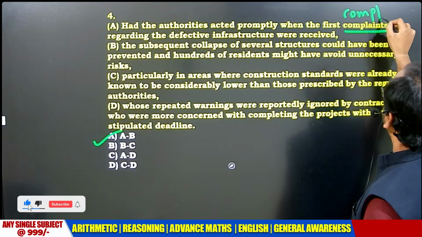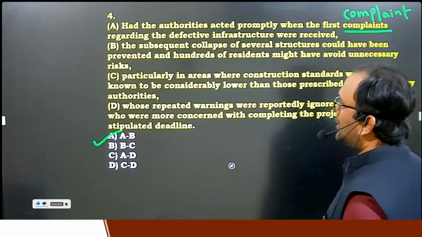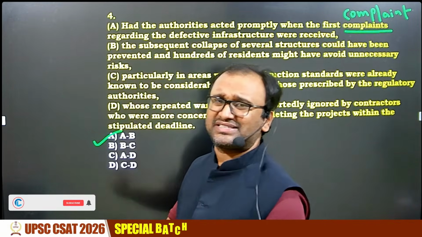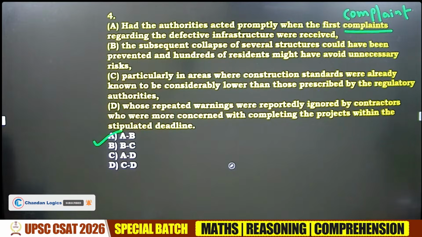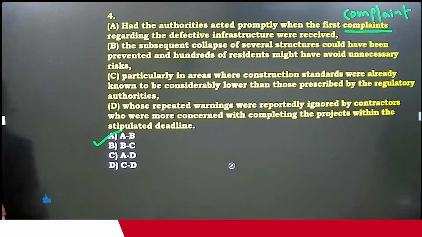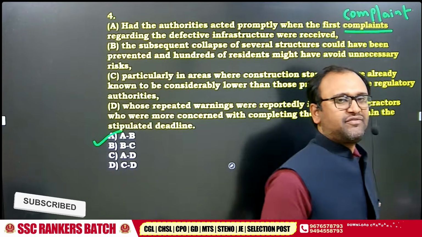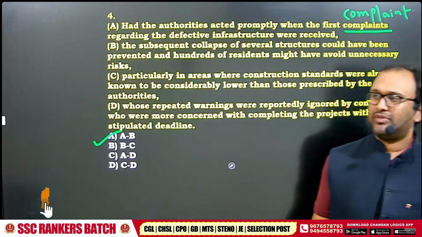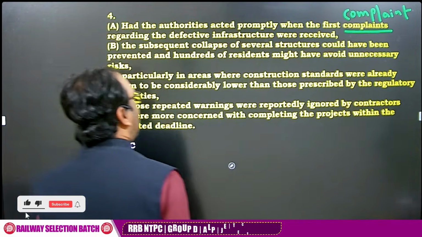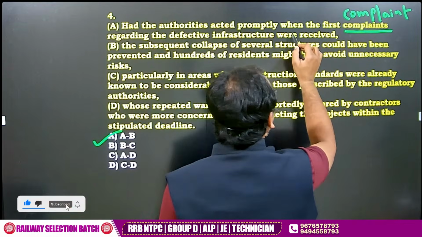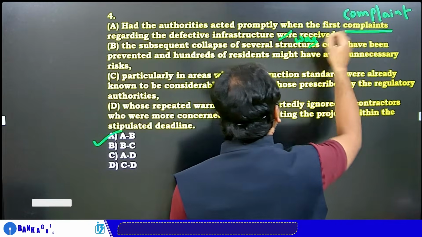First complaint. We don't say first complaints, first movies, first songs. When we say first, usually we use singular. We don't say first boys, first boy. We don't say first movies, first movie. So naturally, first complaint, were received is wrong, was received. So two errors.